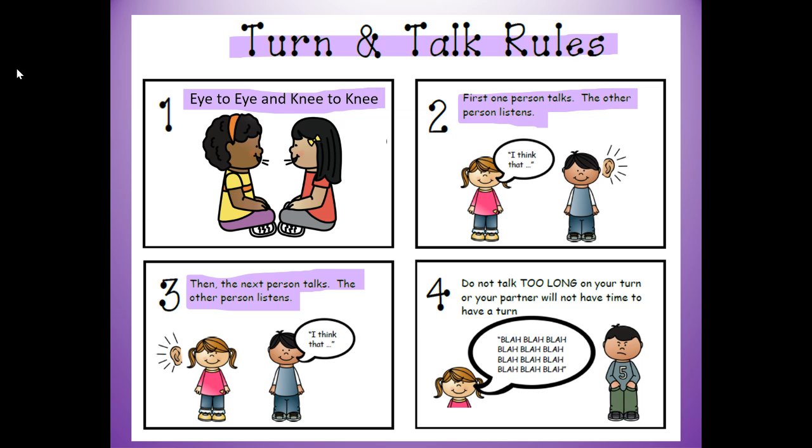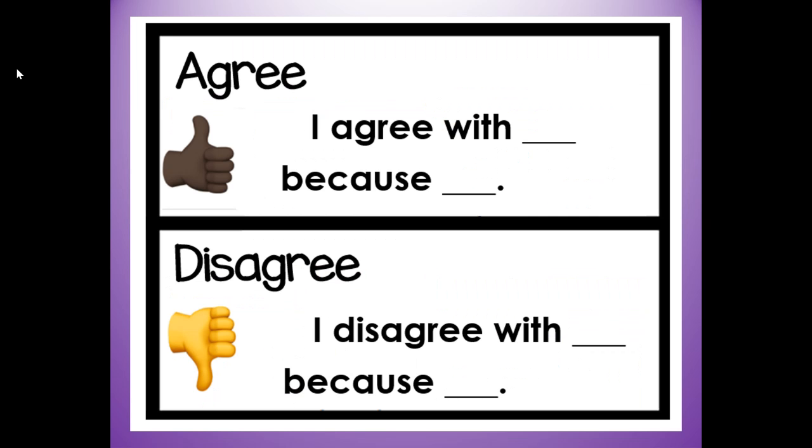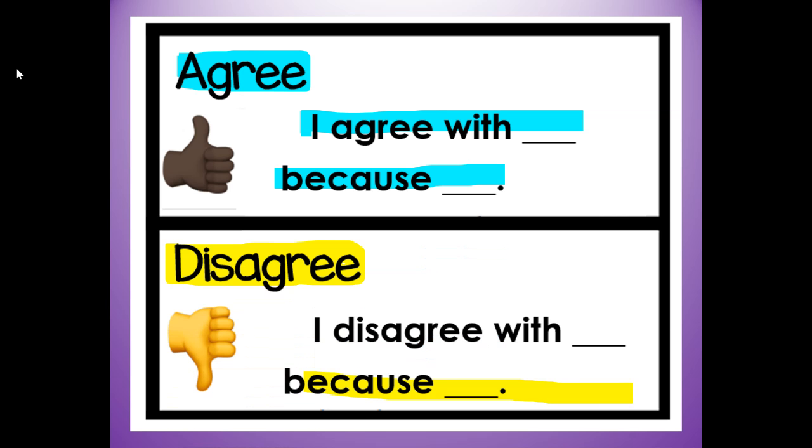Now, I can't hear you, but I want you to make sure you answer your questions in complete sentences out loud. If you have a partner, do not talk too long on your turn, or your partner will not have time to have a turn. You may agree with me or your partner, and you could say, I agree with you because, and say why, or disagree and say, I disagree with you because, and say why.